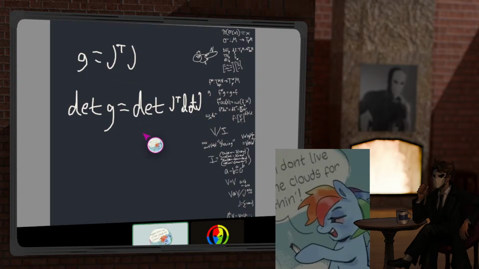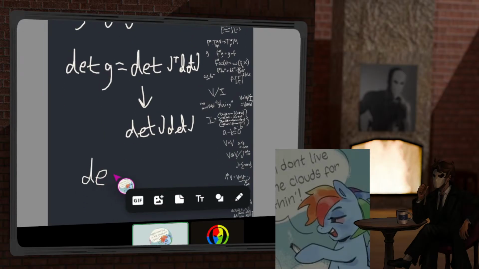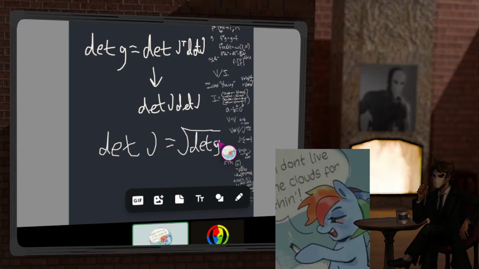And then that becomes J squared. So basically the Jacobian determinant is the square root of the metric tensor determinant, which allows us to give a notion of infinitesimal volumes at a point.